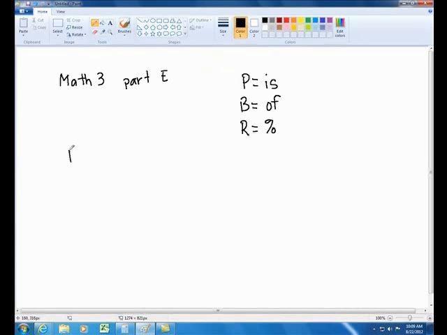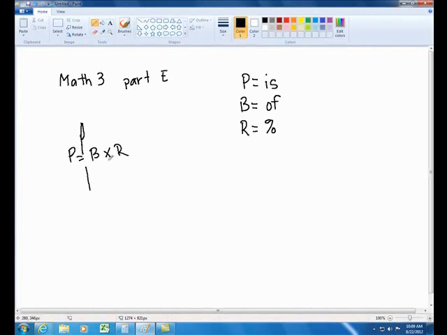The formula that they give you is percent or part equals base times rate. Well, as a little trick, whatever you do to this side of the equation, you can do the exact same thing to this side of the equation and it's still true. And if it's still true, that means that you can solve for it.